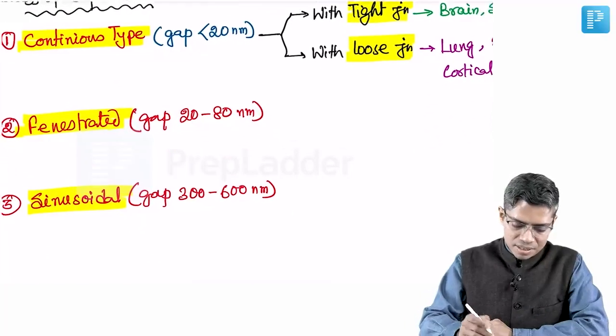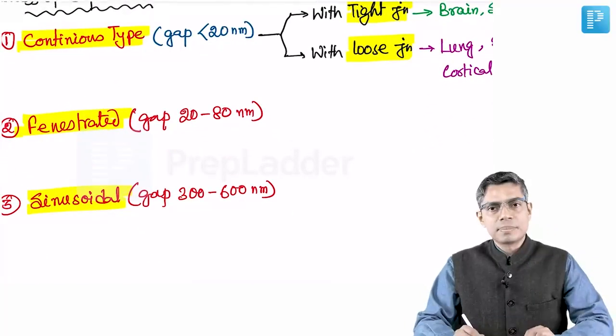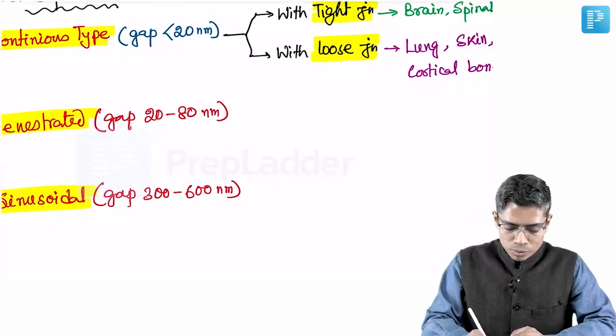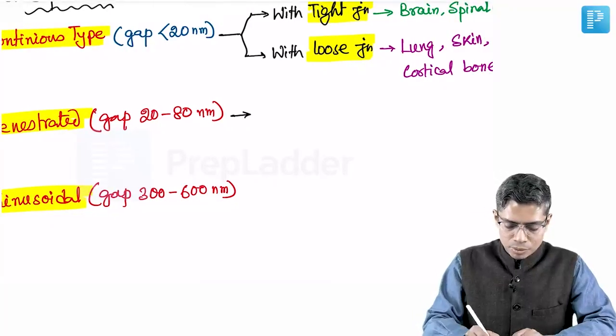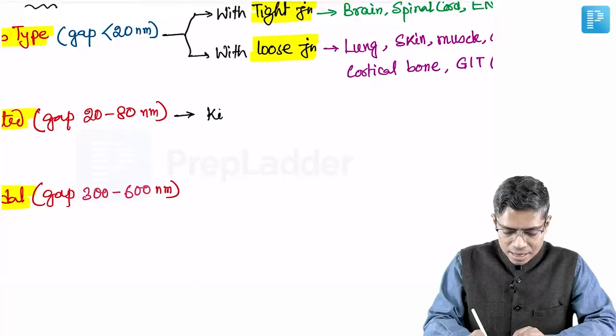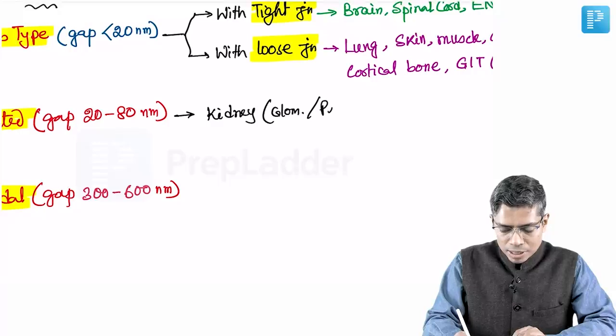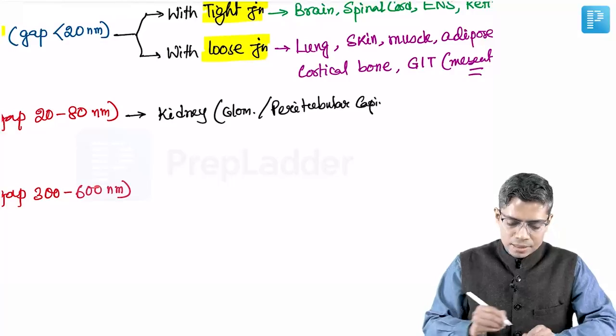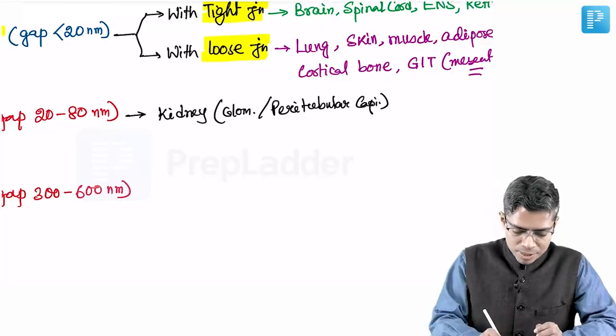Now coming to the fenestrated capillary. In fenestrated capillary, the gap is large, 20 to 80 nanometer. Some examples we know, like the kidney at the level of glomerulus, and not only at the glomerulus, also at the peritubular capillary, this fenestrated type of capillary is present.